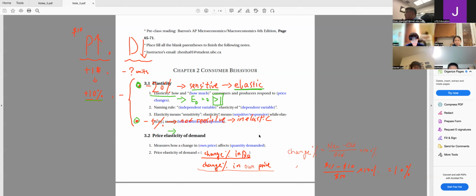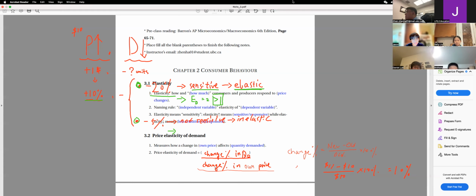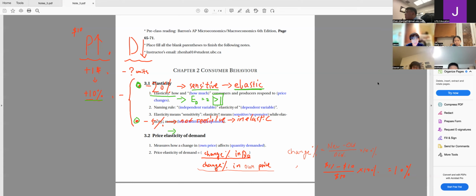The first one, Jason did the first one. ED equals 2. What about the second one? This time price increased by 10%, but quantity demanded decreased by 5%. So what is the ED here?